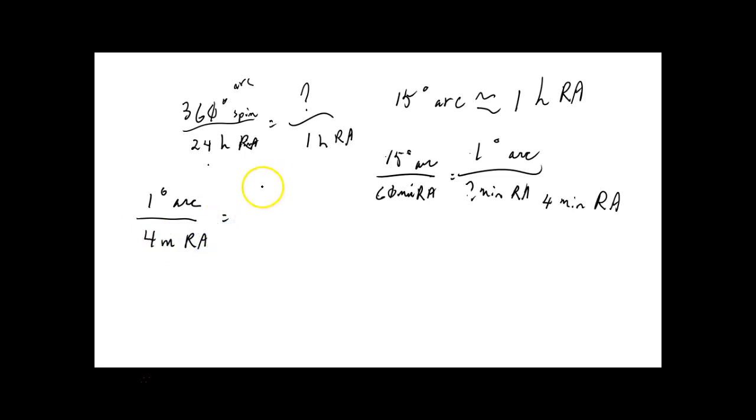And then the question is, how many minutes of arc are equivalent to 1 minute of right ascension? Well, this is in degrees. How many minutes are in a degree?